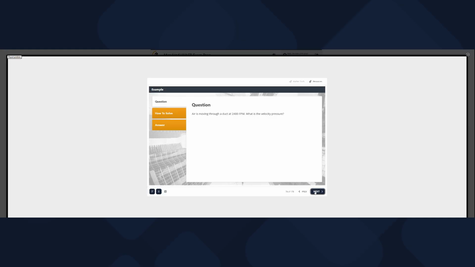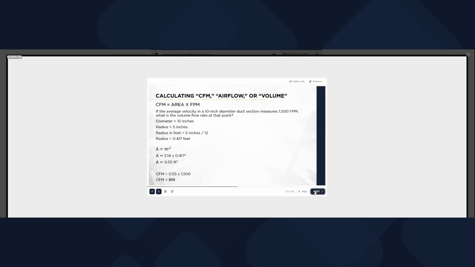Let's work through another example. Click the Next button or on each tab to see how to solve and the correct answer. If the average velocity in a 10-inch diameter duct section measures 1,500 FPM, what is the volume flow rate at that point? First, find the area of the duct. The area of a circle is pi r squared.